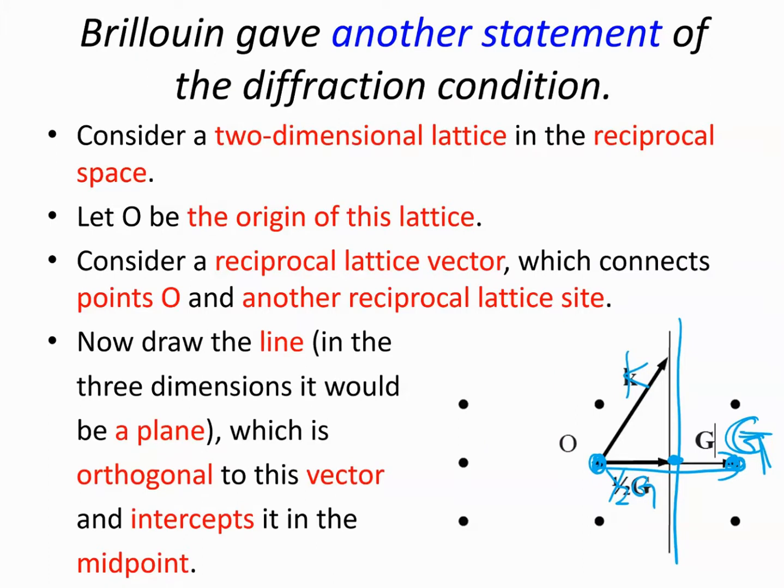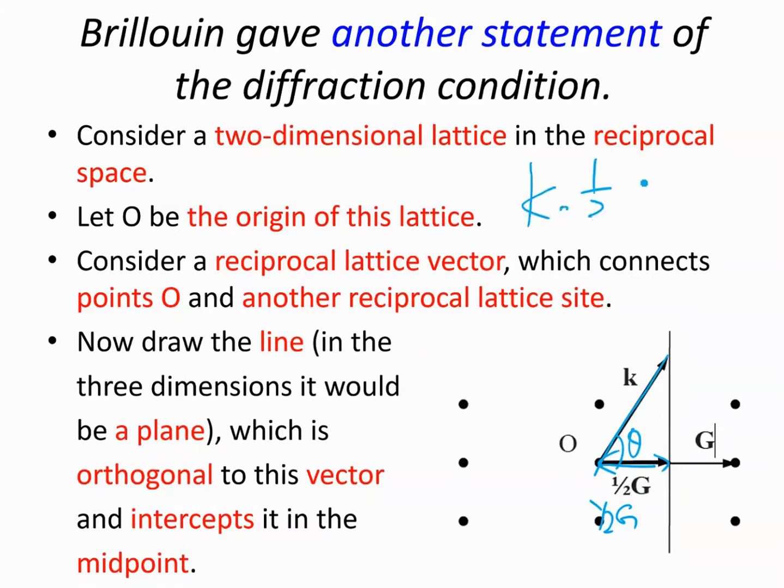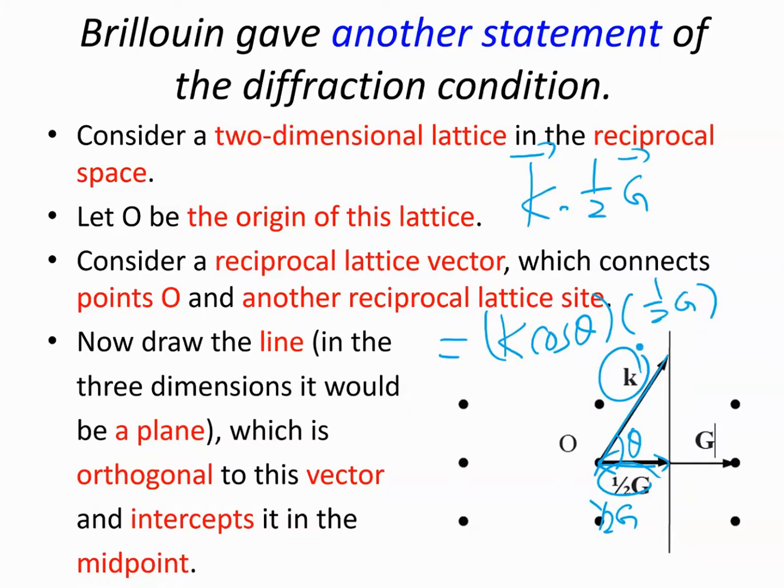From here to here is half G, right? And then k dot half G, what do we get? You get k cos theta times half G, right?